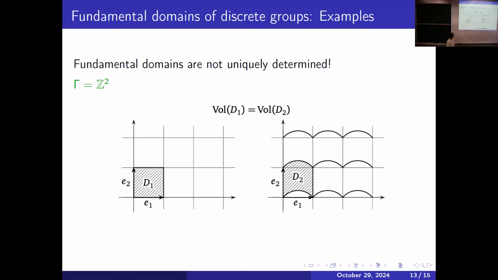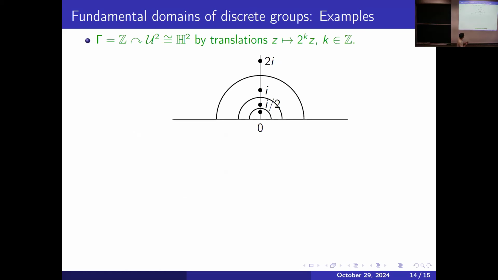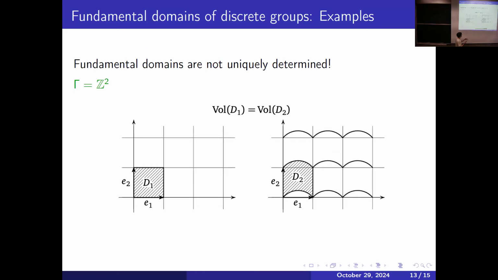What is interesting is that they all have the same volume, the same measure, but these are not even convex. I just chose some tiling, but you can do more, really.